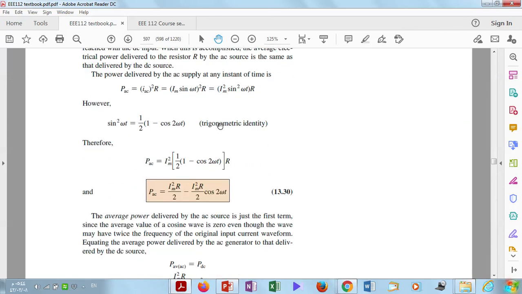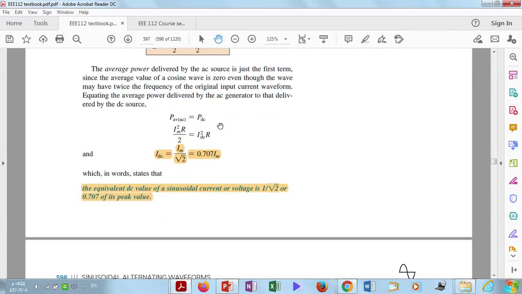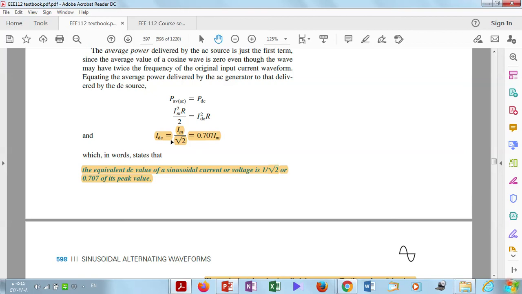This is an explanation of how to find the final answer for the relation between the DC and peak value. Okay, the relation between the peak value and DC is 0.707. If you multiply any peak value by 0.707, you will get I DC, or I RMS.